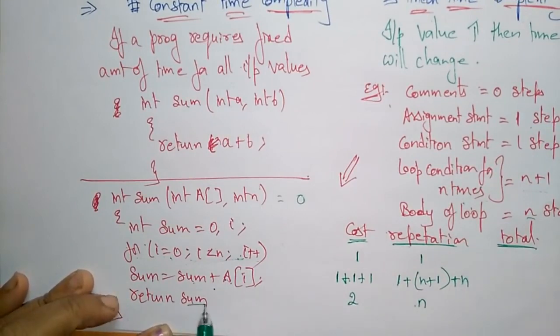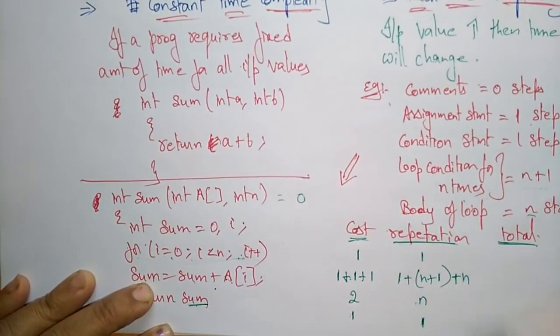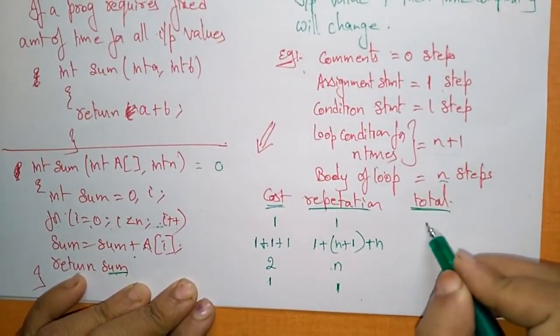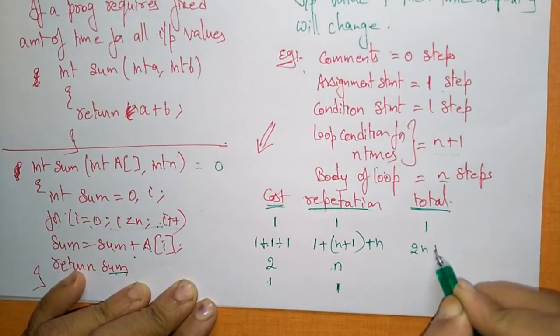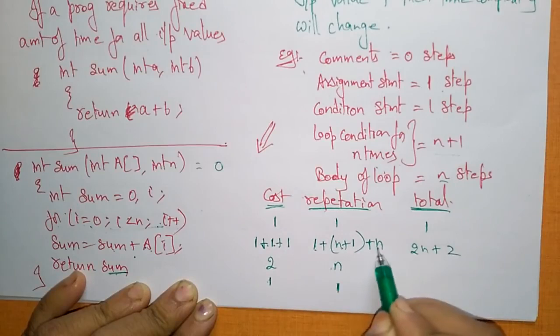And for return sum, this is a variable declaration, meaning you are getting the answer. The cost for this is 1, and the repetition here is also 1. Now see the total, 1 into 1. Here this is 2n plus 2. One is multiplying here, one here, and one for this.